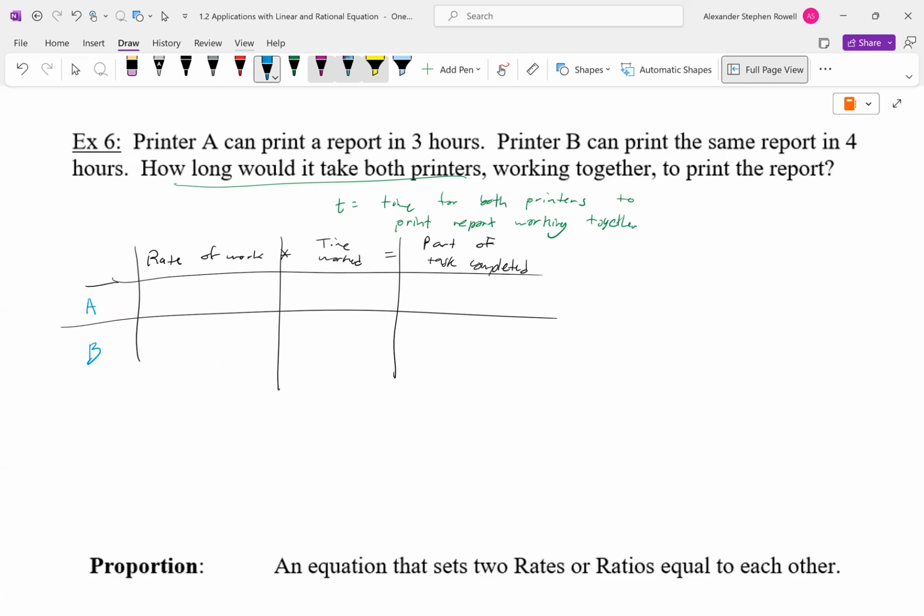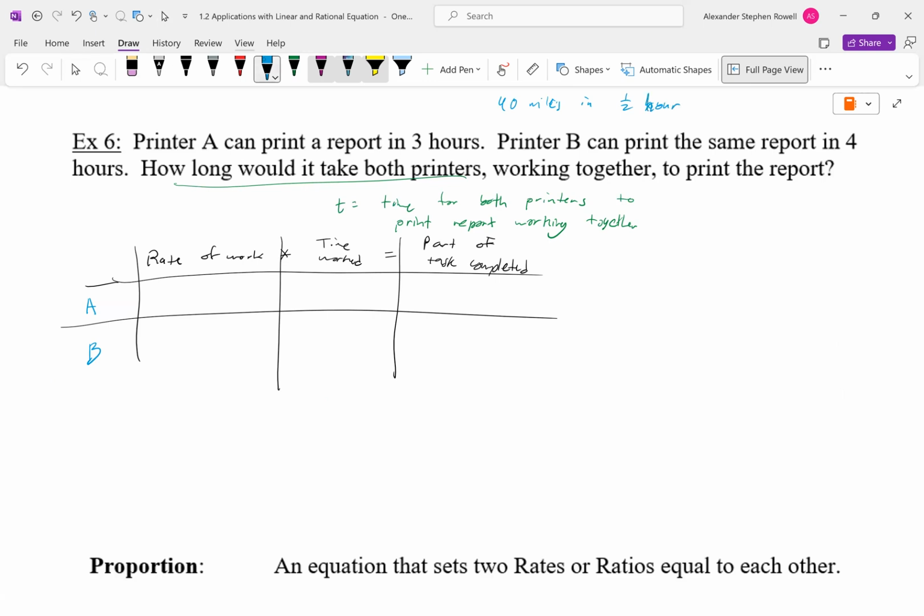This is a little bit tricky. When you talk about rate, let's say a car goes 40 miles in a half hour.